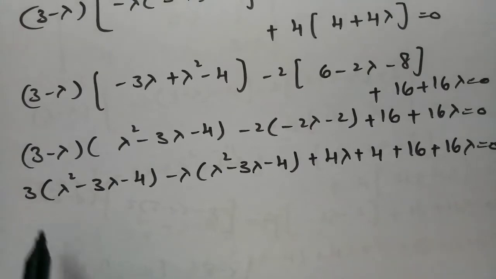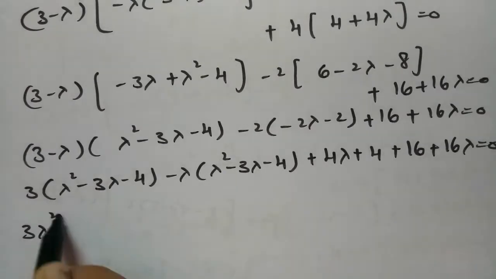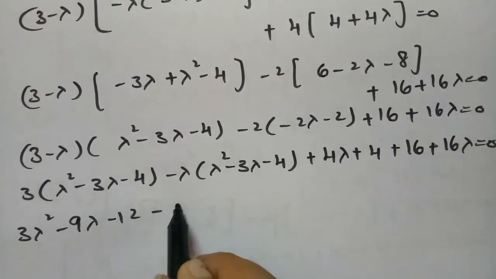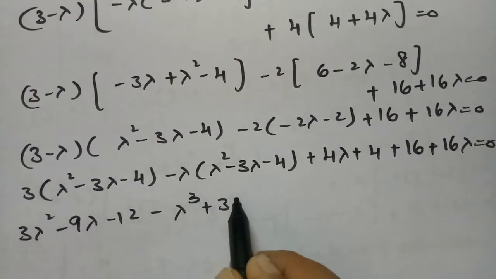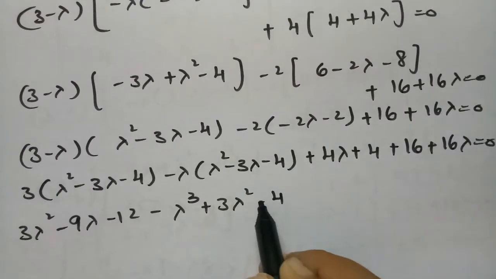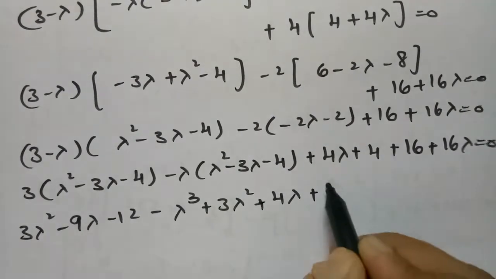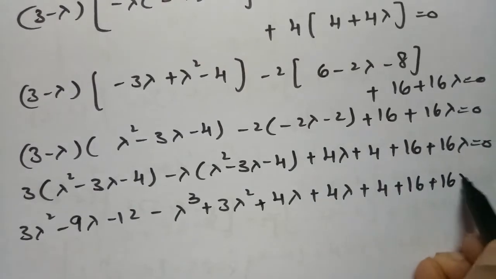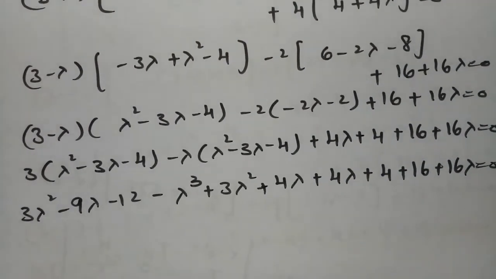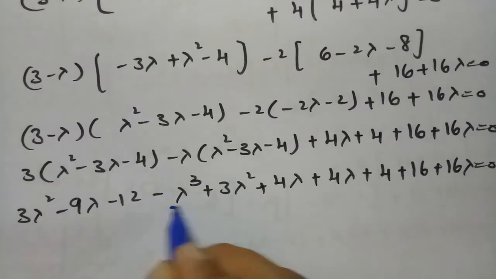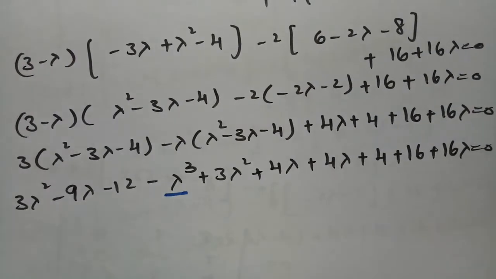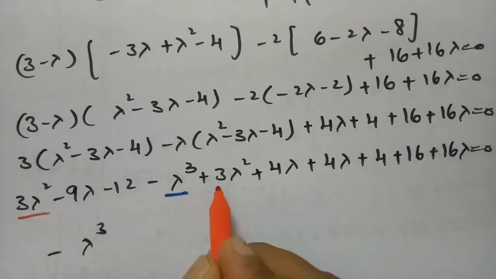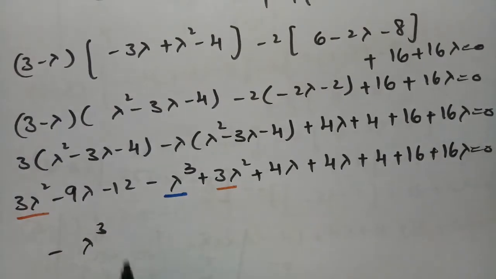So if I multiply, this will be 3 lambda square minus 9 lambda minus 12, and this is minus lambda cube plus 3 lambda square plus 4 lambda, and this is again 4 lambda plus 4 plus 16 plus 16 lambda is equal to 0. If you observe, there is only a single lambda cube, so this is minus lambda cube. The lambda square terms give plus 6 lambda square.